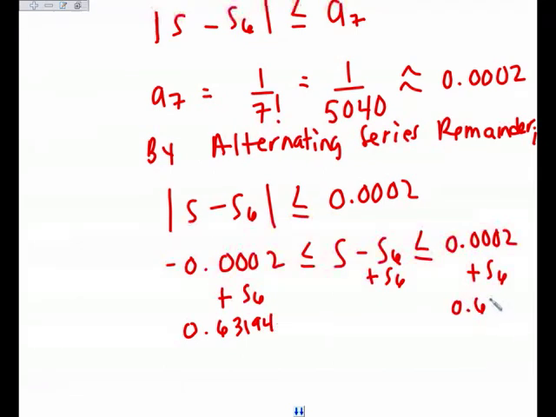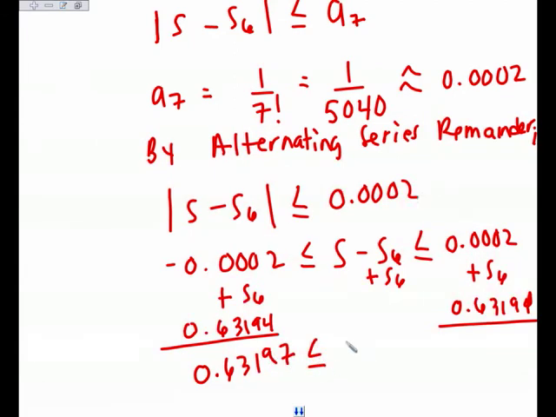And we literally have that the sum of the infinite series is going to be in between the following two numbers. When we take away 0.0002 here, that's going to leave us with 0.63174, and our sum has to be in between that and, this time, I'm going to add 0.0002.